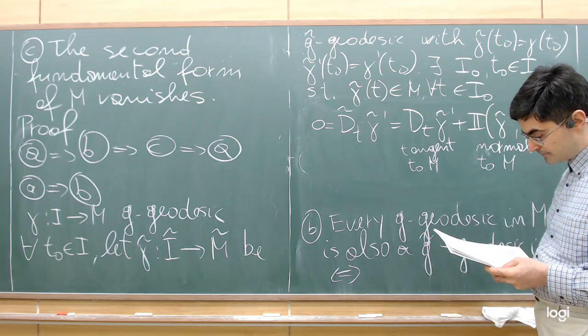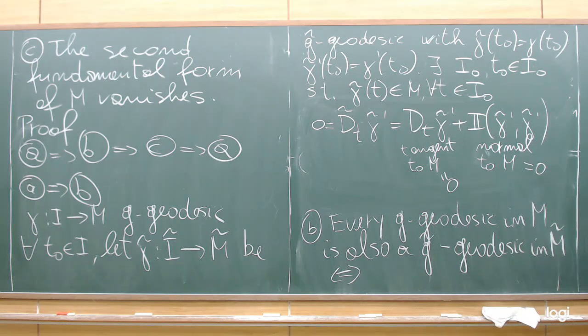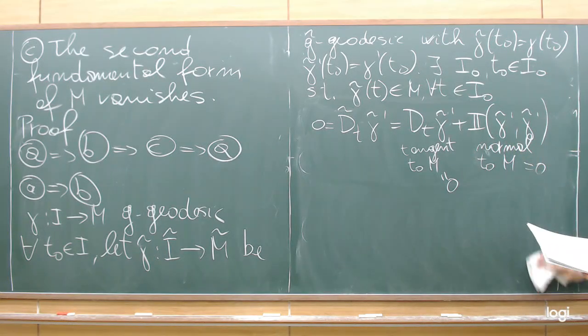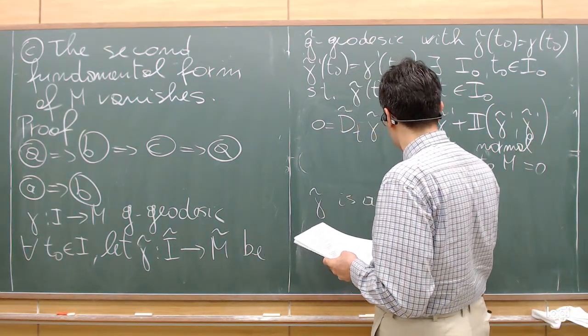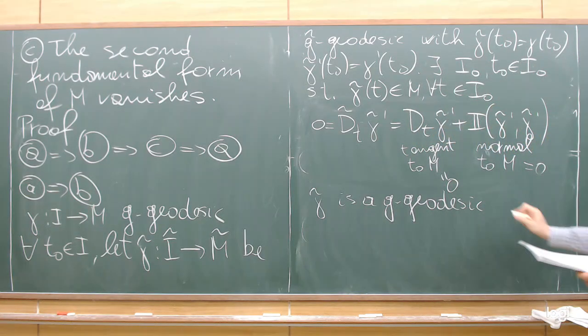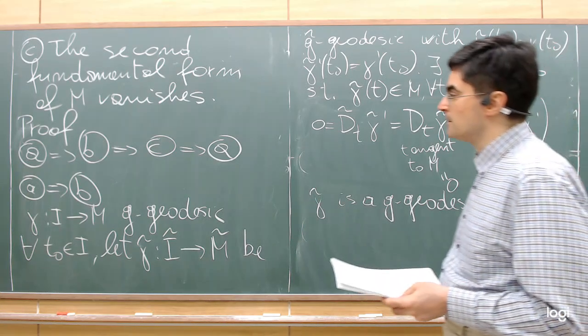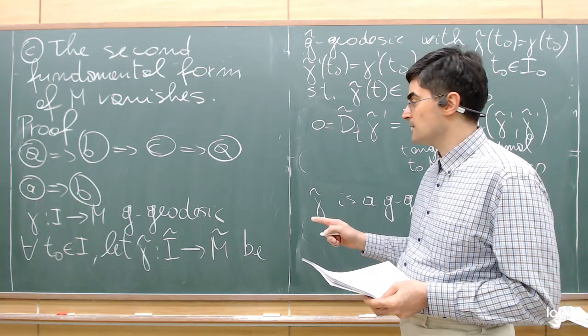In particular, this is 0, which means that gamma tilde is a G geodesic on I0. But we can use the uniqueness properties of geodesics.